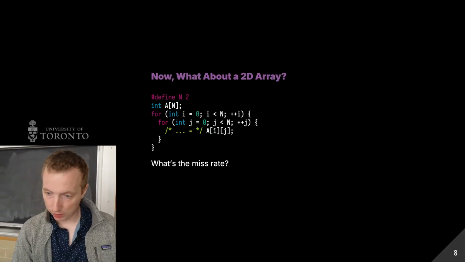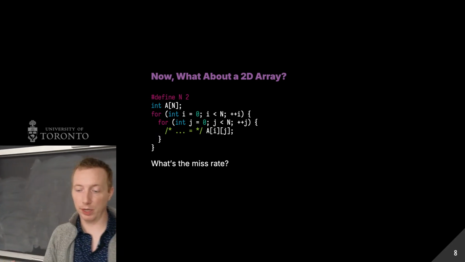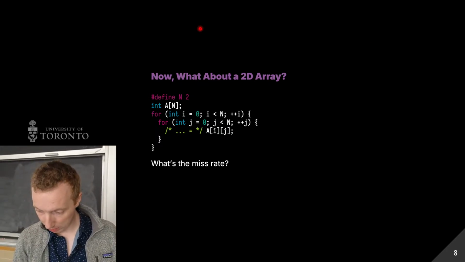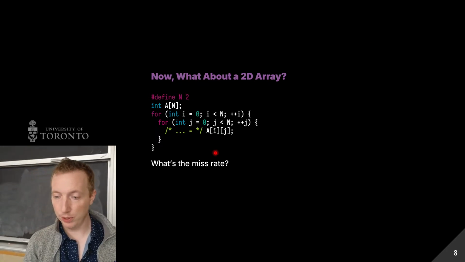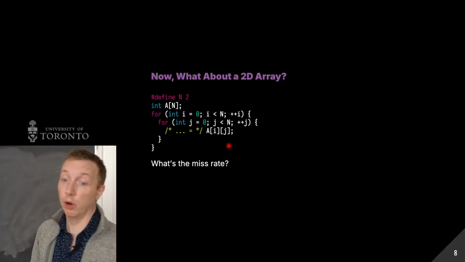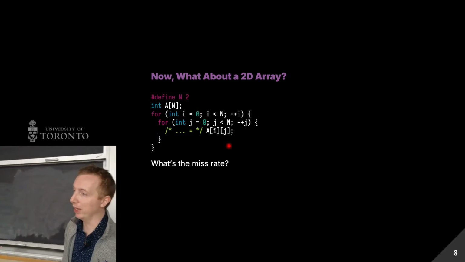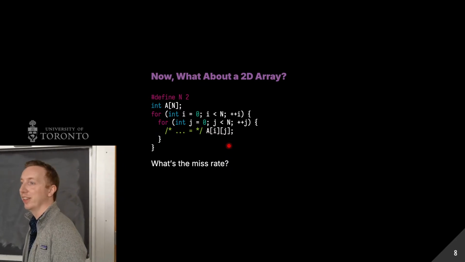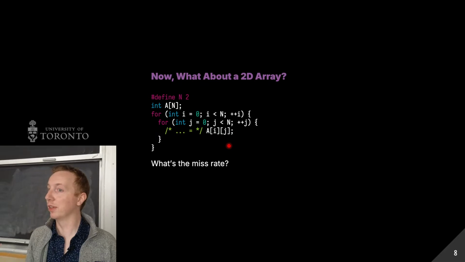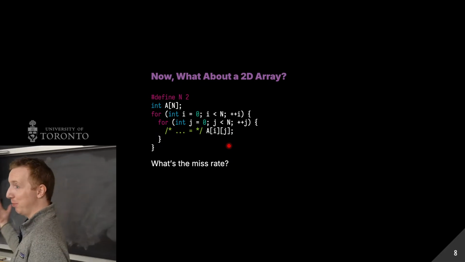What about if we just had a 2D array instead of an outer loop going over and over again? Let's assume that now we have n equals 2, and we have a 2x2 int array. Assuming that whole array is cache aligned, what is our miss rate now? Yeah, 50% again, right?